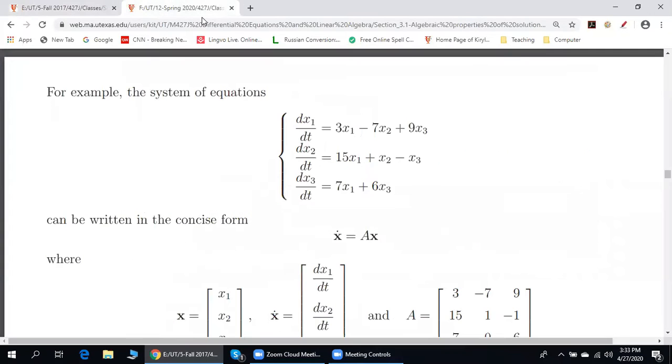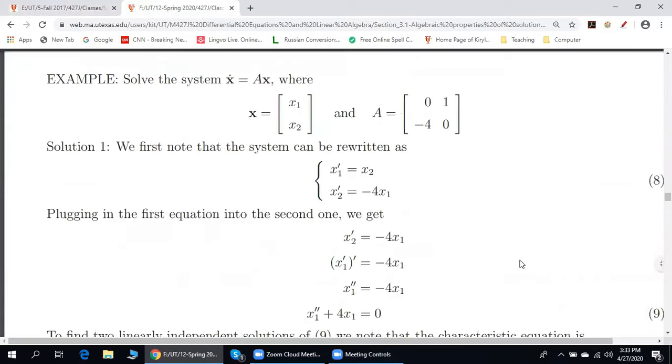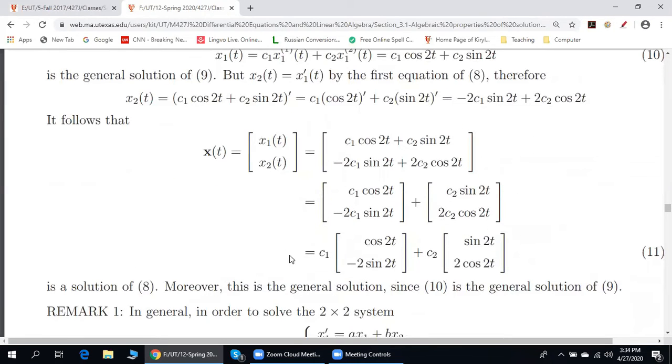Let me give you an example. Please take a look at, for example, this system. The general solution of this system is this. Since the components of these matrices are sines and cosines that are bounded functions, all solutions are stable.